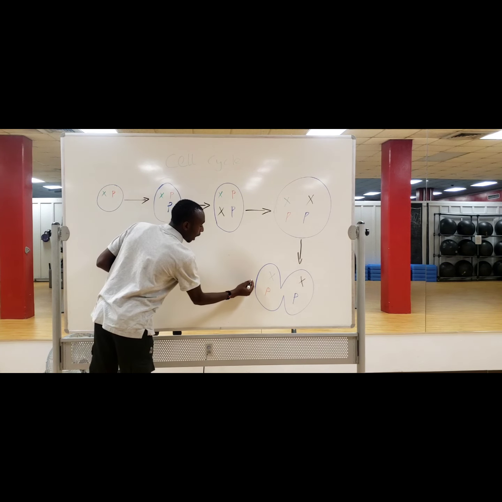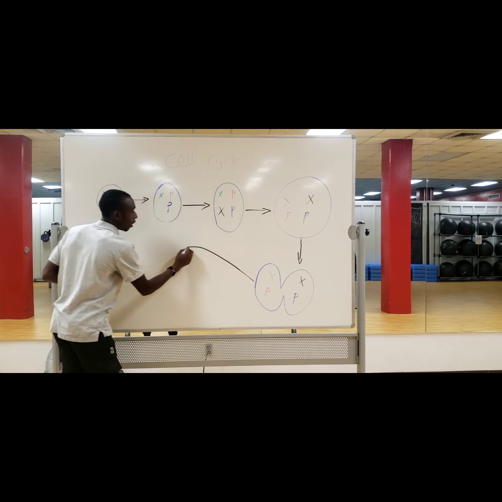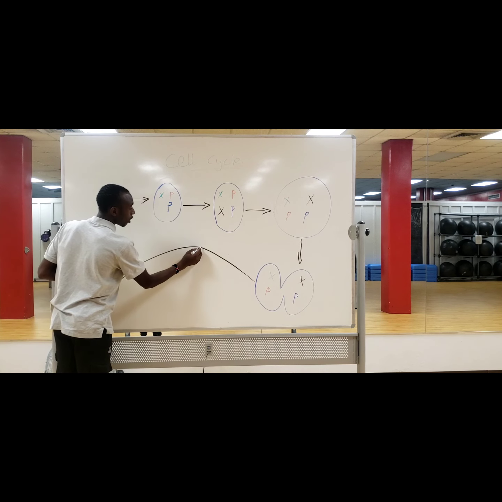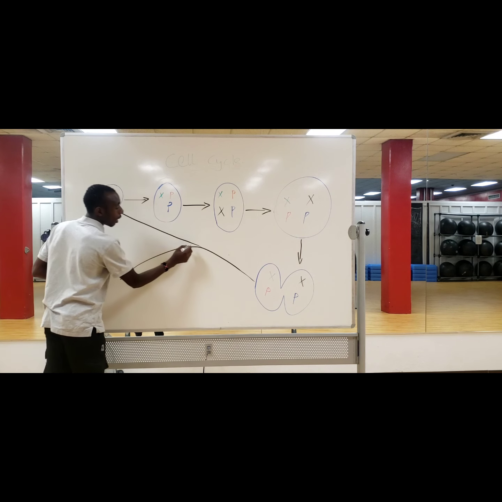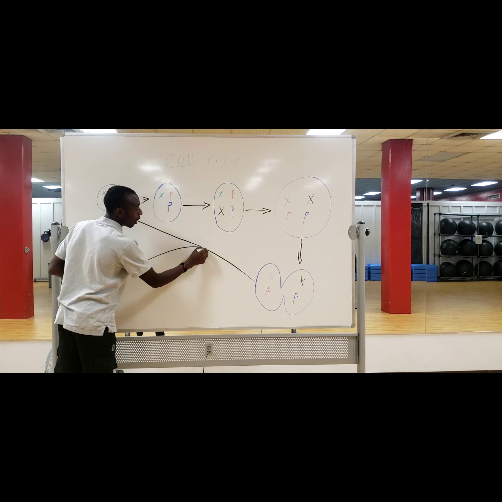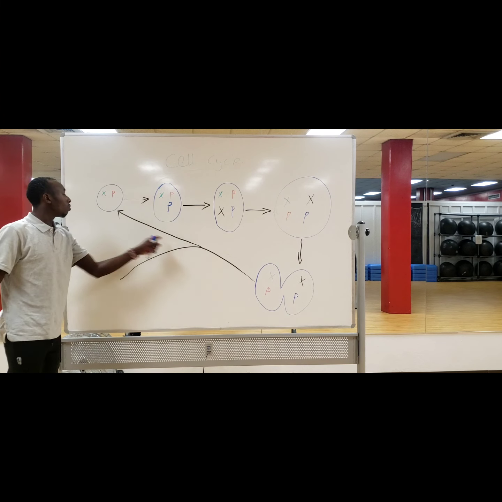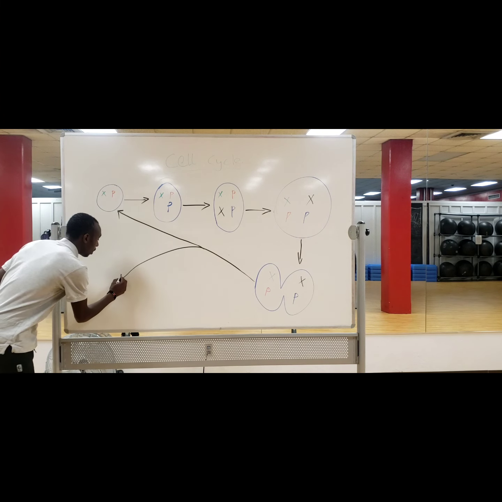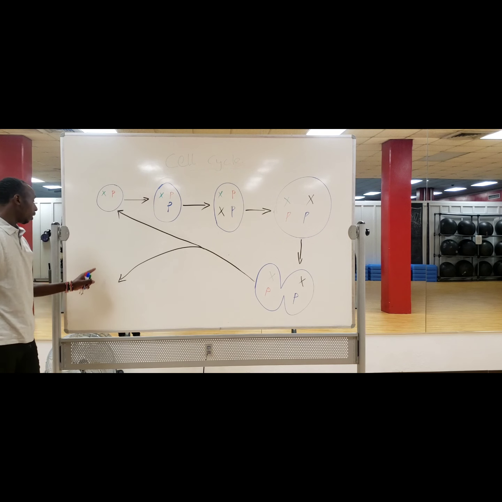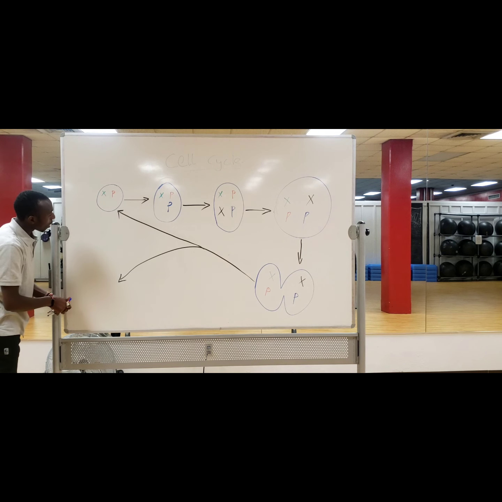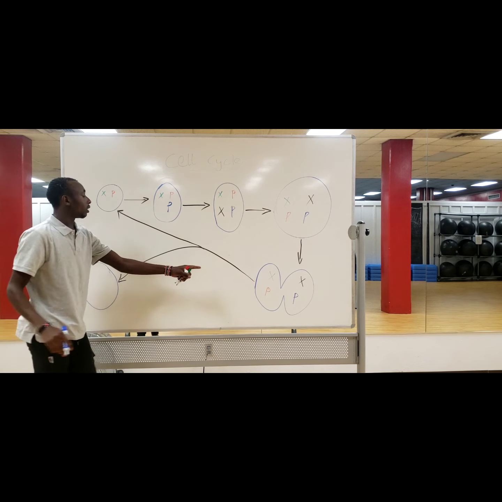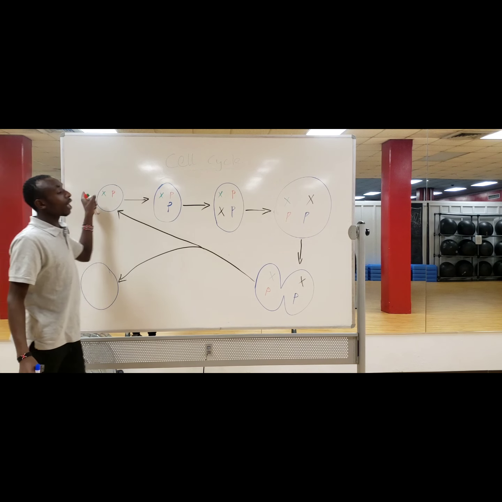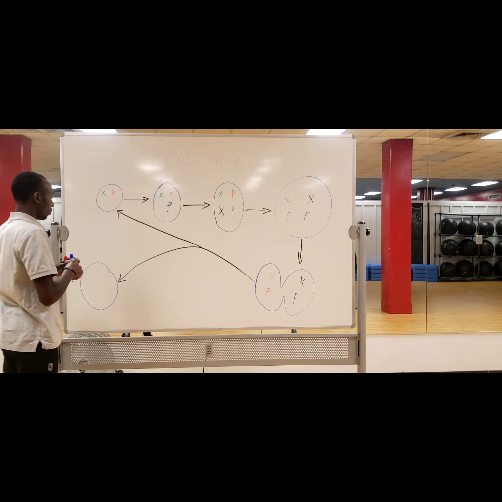So this one has two options. It can go this way, where one of the cells remains, and one of the cells goes through to start over the cell cycle again.